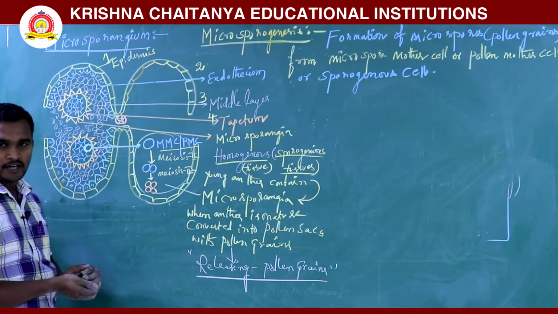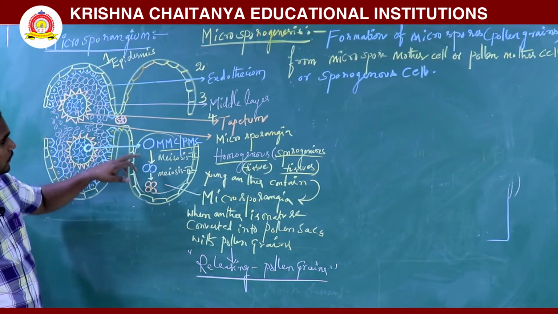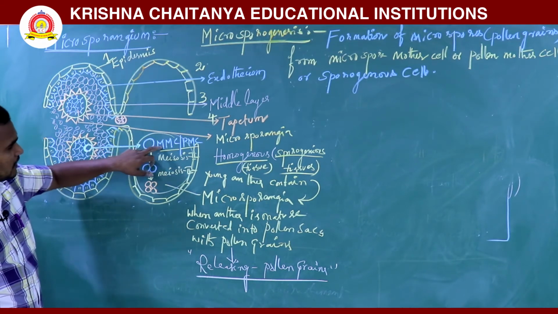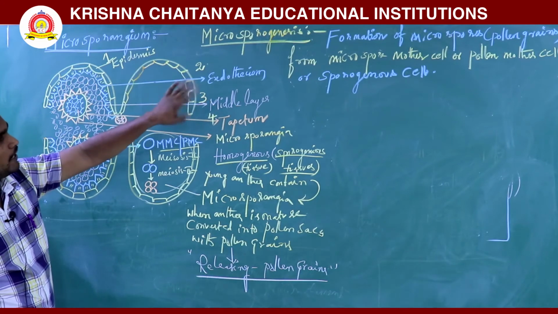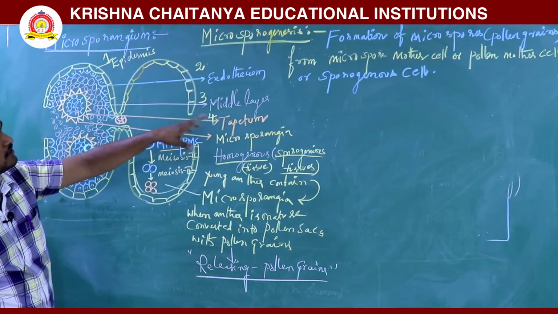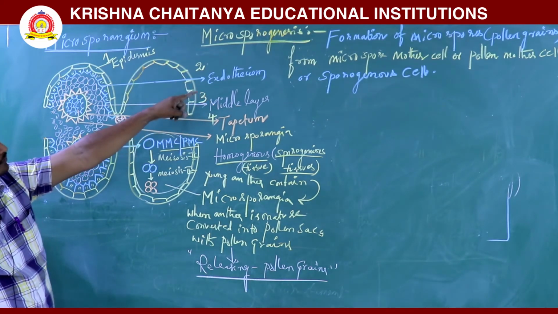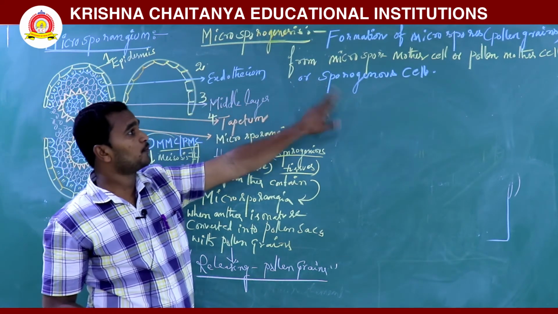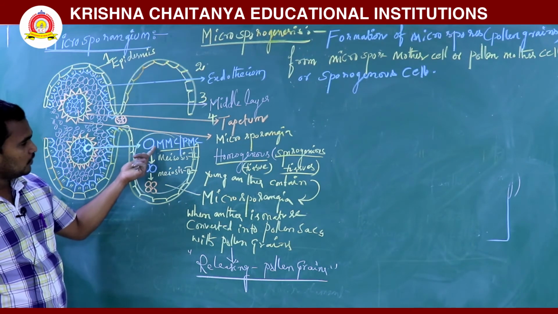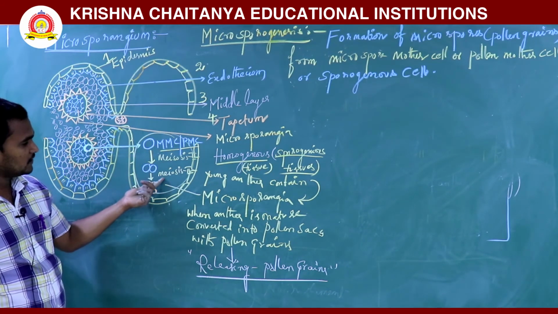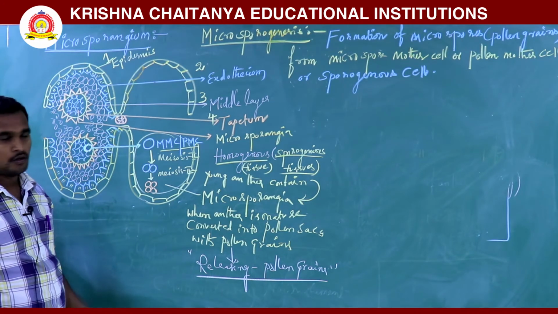You understood this one? Okay, see here. This is the MMC, the formation of microspores or pollen grains from the microspore mother cell, or pollen mother cell, or sporogenous tissue. So from the MMC, first meiosis, second meiosis, it produces pollen grains.